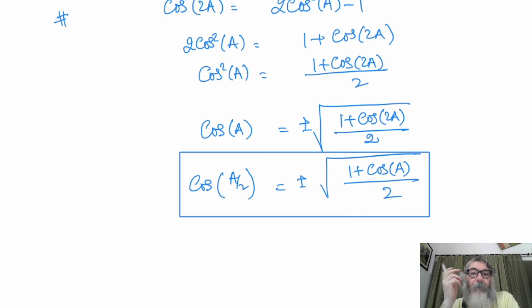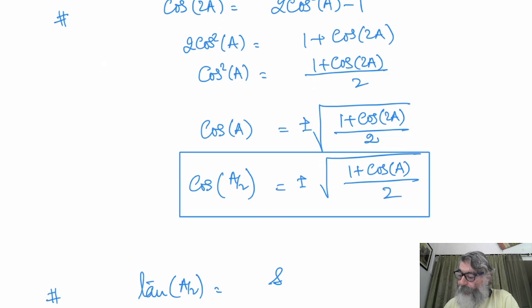So it depends what we are calculating. For example, I can calculate tan A upon 2, which can be sin A by 2 upon cos A by 2 directly. Or I can apply the formulas also.